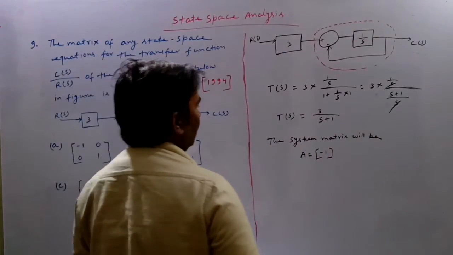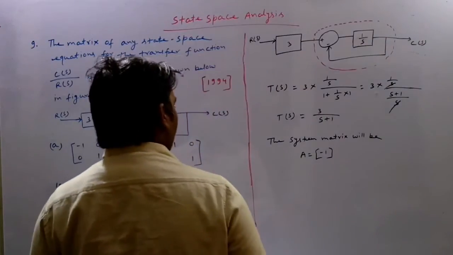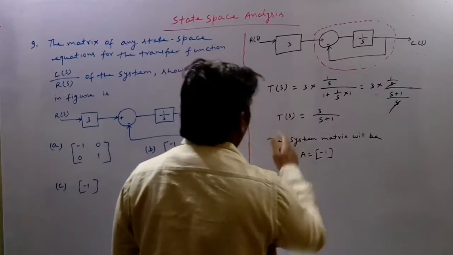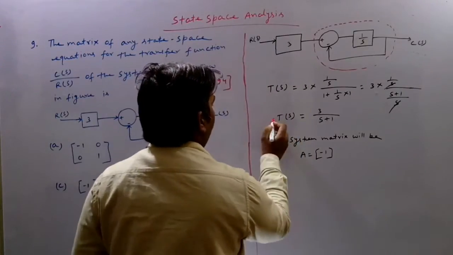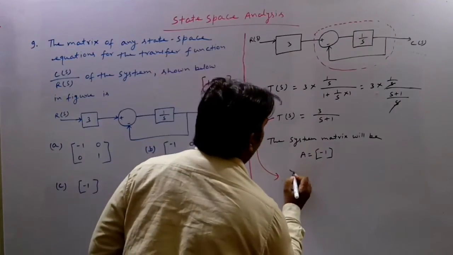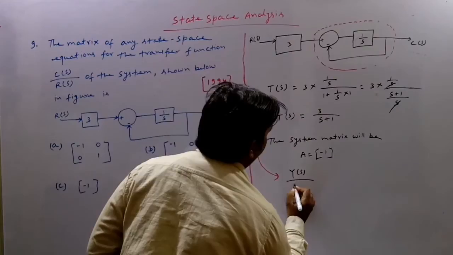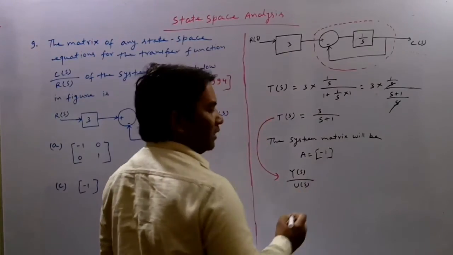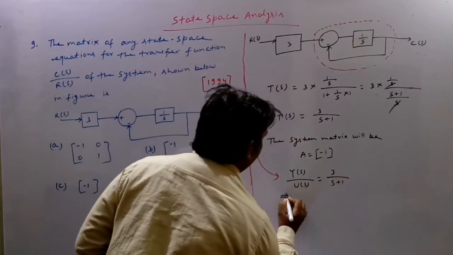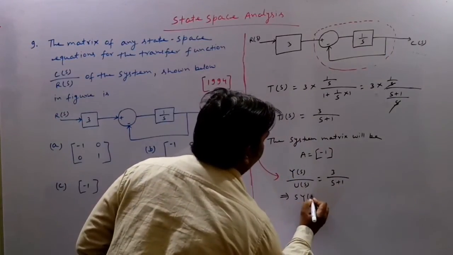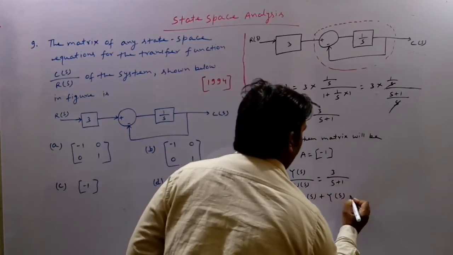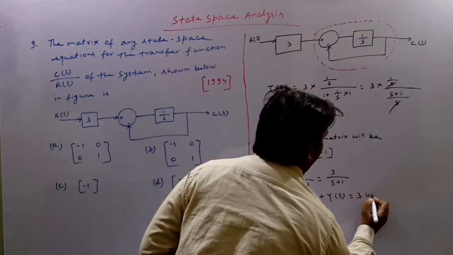Because if you write it as Y(s) divided by U(s), so what is this? This is 3 by s plus 1. So s into Y(s) plus Y(s) equal to 3 U(s).